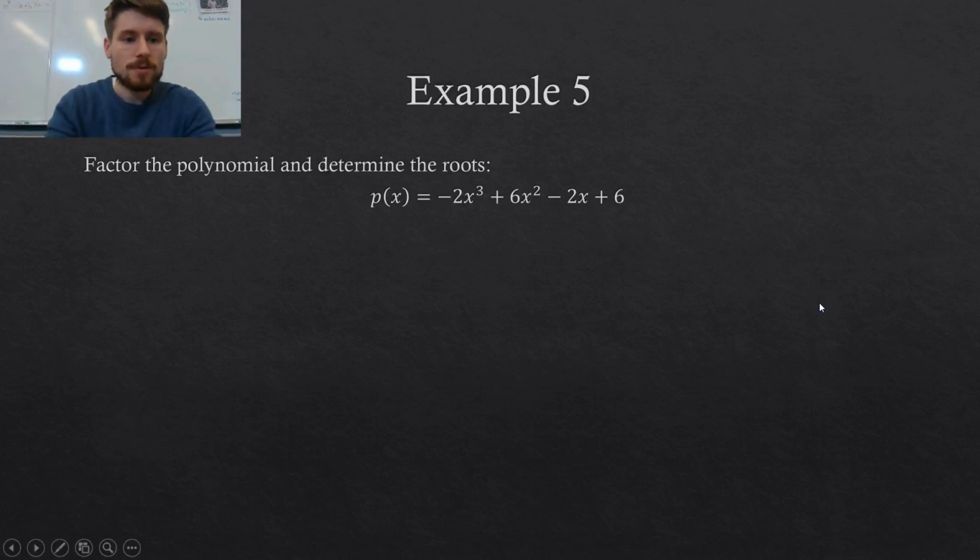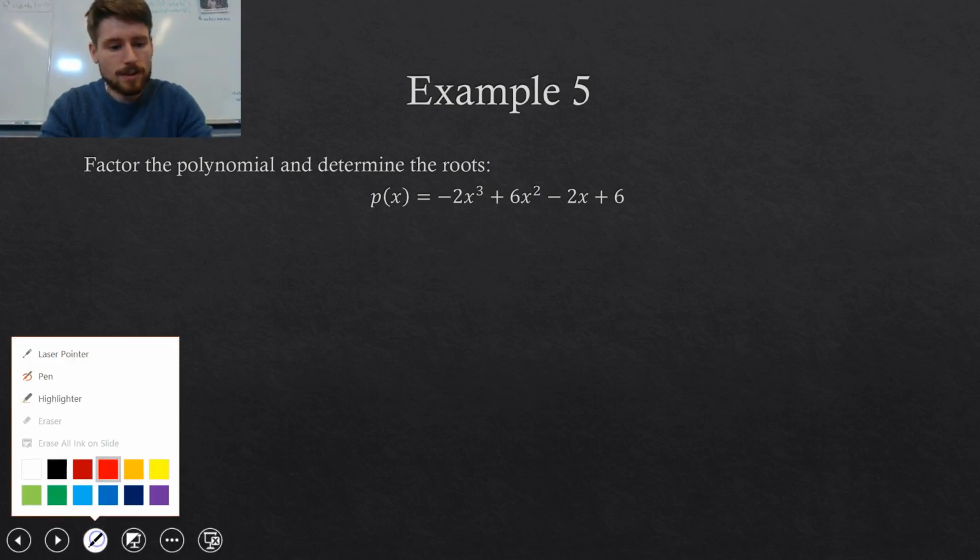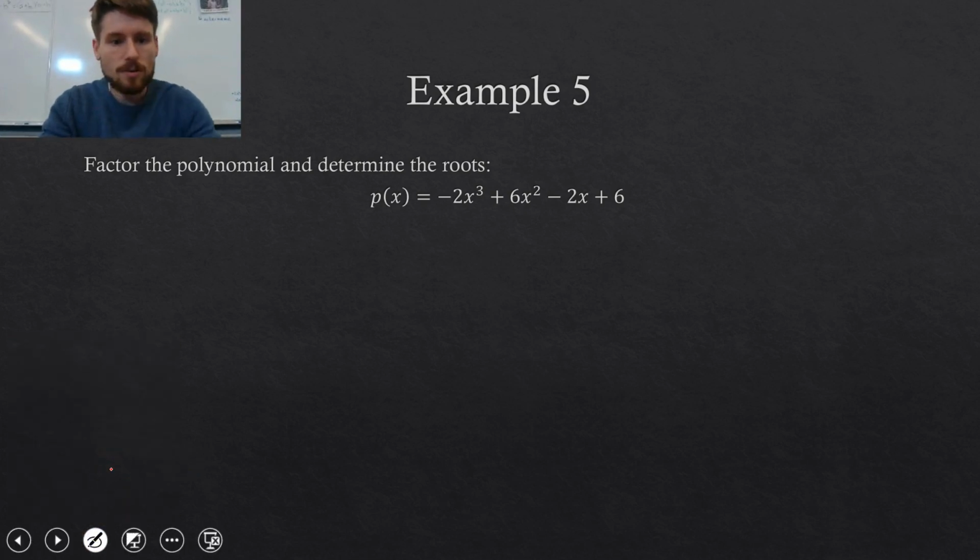Okay, another example. Let's factor this polynomial and determine the roots. Lots of factoring ones. So this looks like a grouping problem because we see there's 4 terms, and so I'm going to go ahead and try to group it. And first, though, I'm going to factor out the greatest common factor, so we're going to pull out a factor of negative 2.